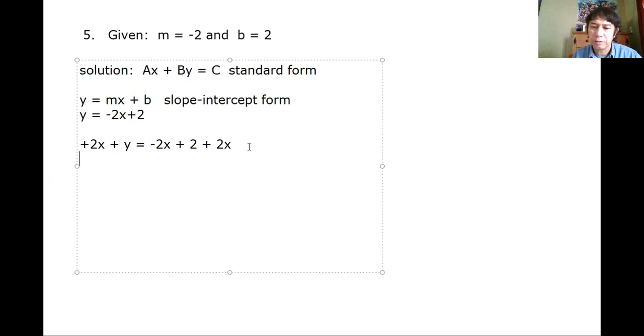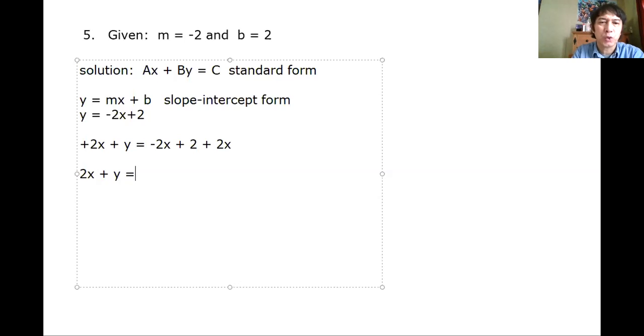The other side is, of course, 2x plus y. You can omit the plus sign. Without the plus sign, it's understood positive. And you always maintain the x term with a positive sign. And the right side is just 2 there. So this should be the standard form, which is the answer. There, 2x plus y equals 2.